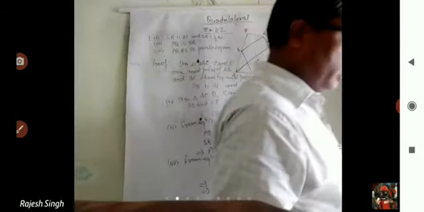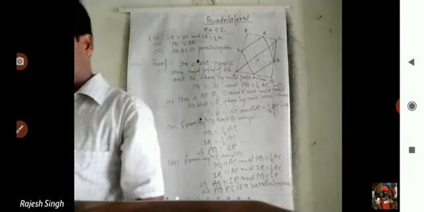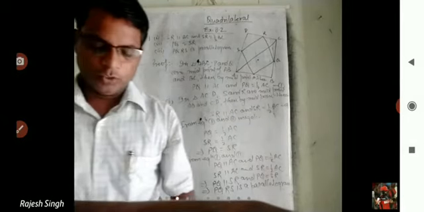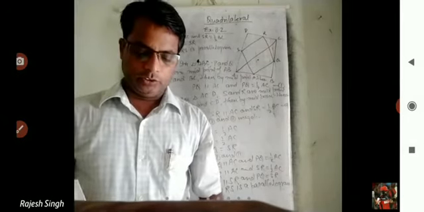Now we see question number 2 also. It is given that ABCD is a rhombus and P, Q, R, S are the midpoints of the sides AB, BC, CD and AD respectively, so that the quadrilateral PQRS is a rectangle.